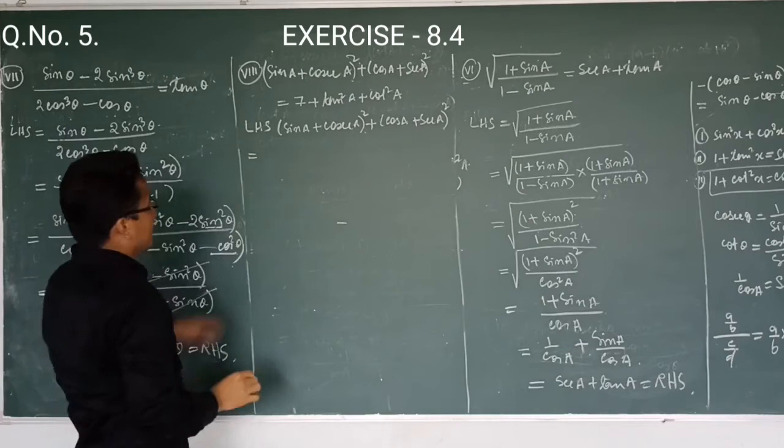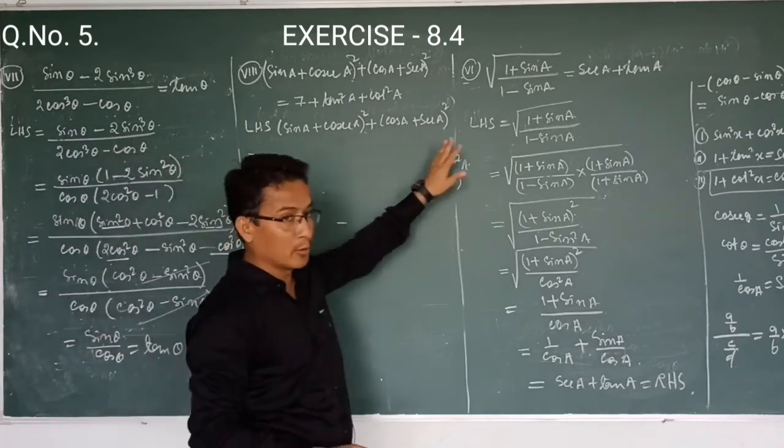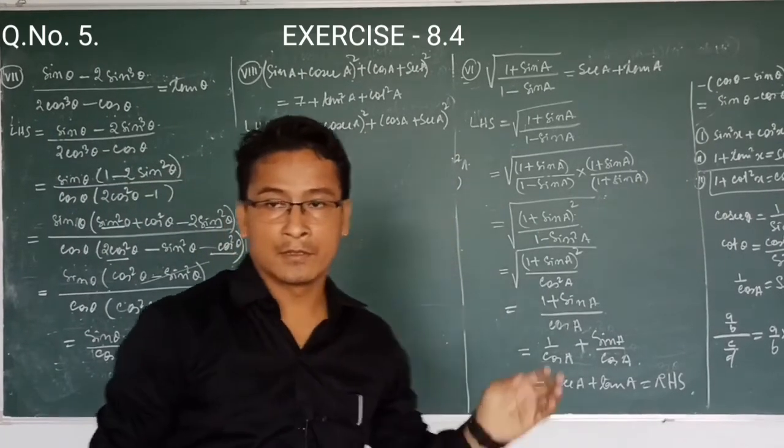So for A plus B whole square, we use the formula here.